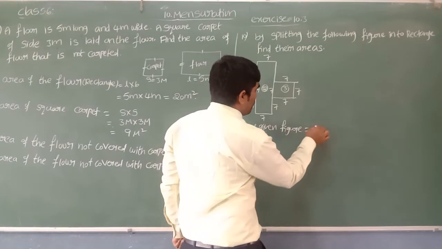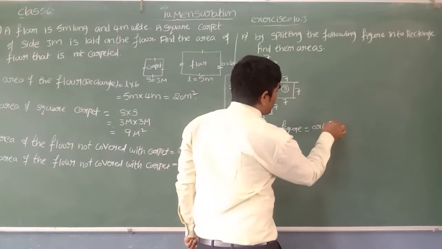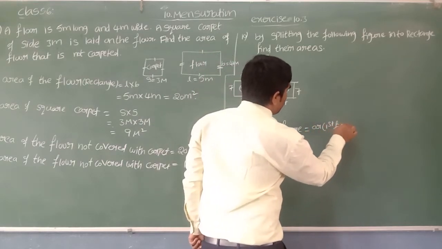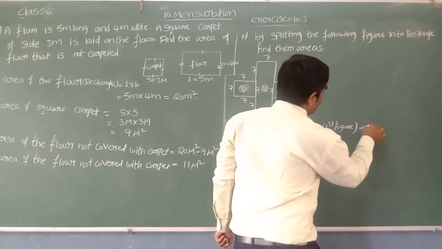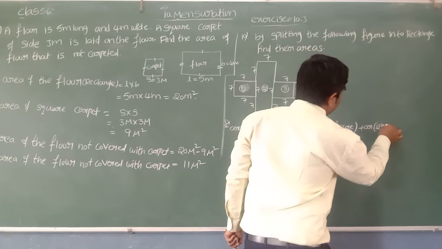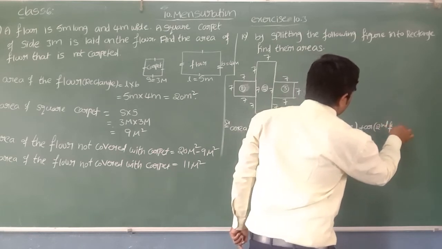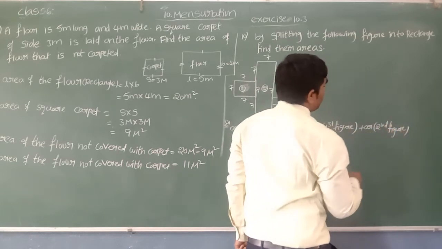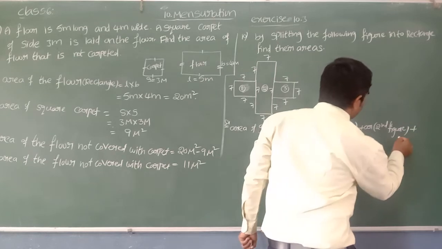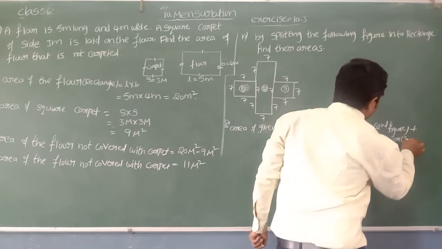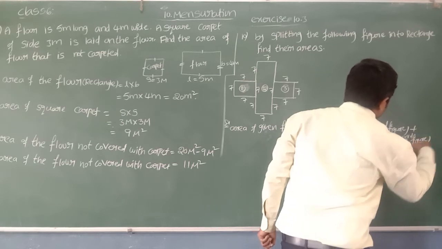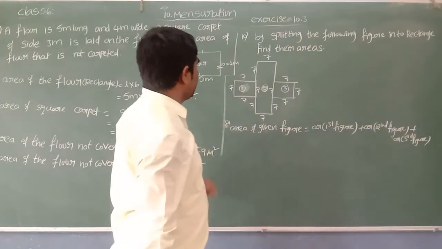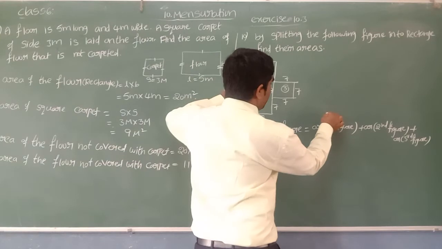Area of the given figure is equal to area of the first figure plus area of the second figure plus area of the third figure. How is the first figure? Square.